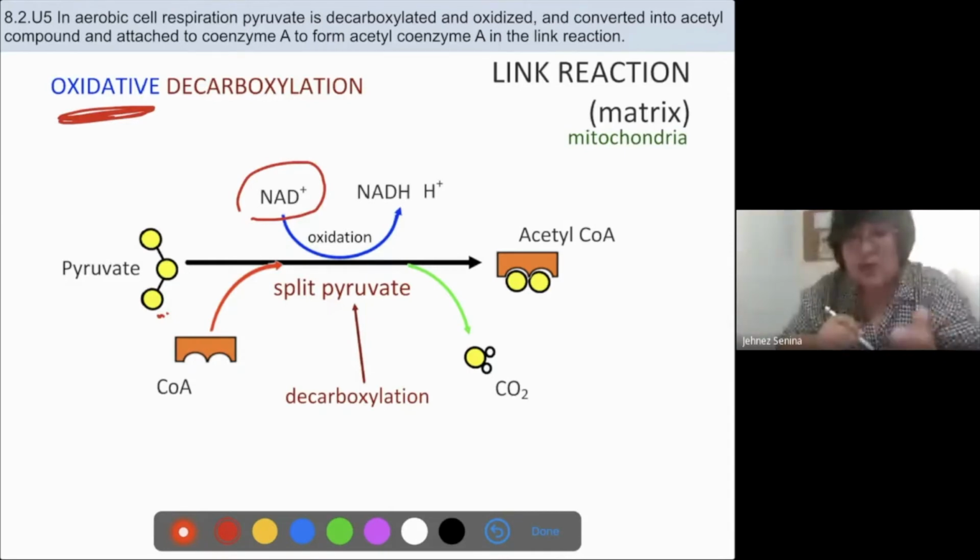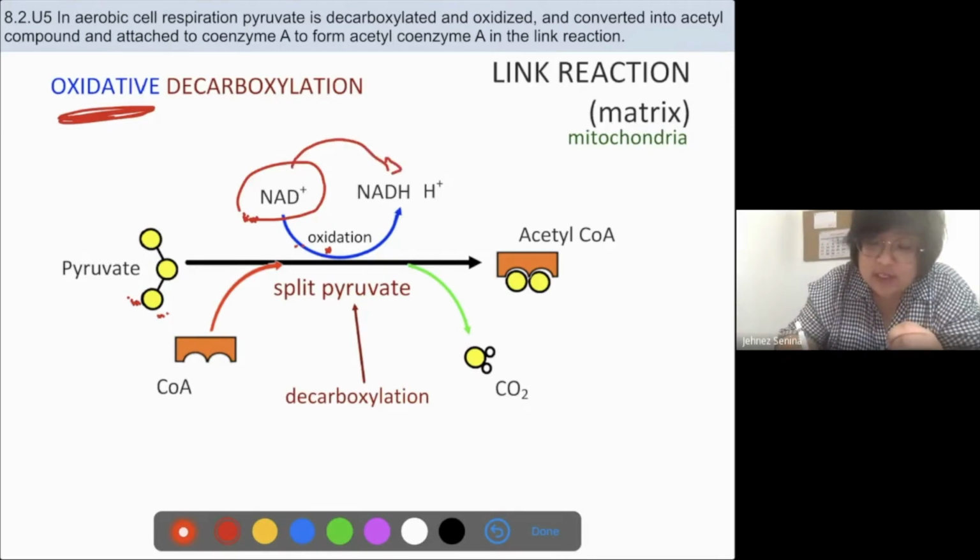It will go to NAD+. So pyruvate will be oxidized and NAD+ is reduced. Maybe you're going to get confused with this. This is the oxidation of pyruvate: pyruvate is oxidized, NAD+ is reduced.